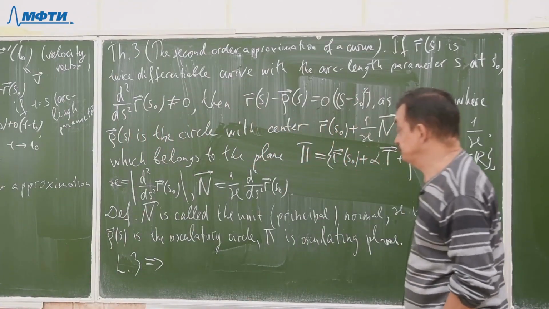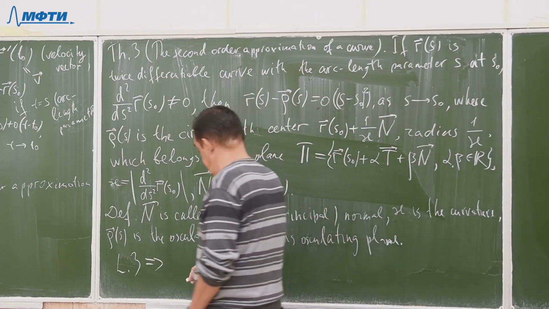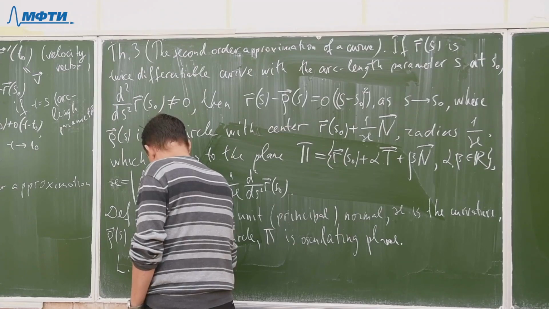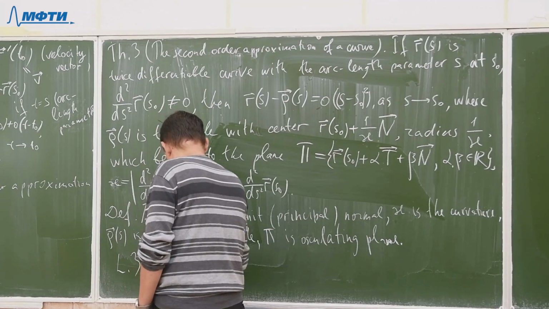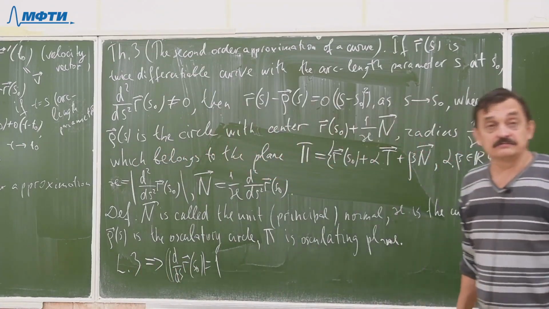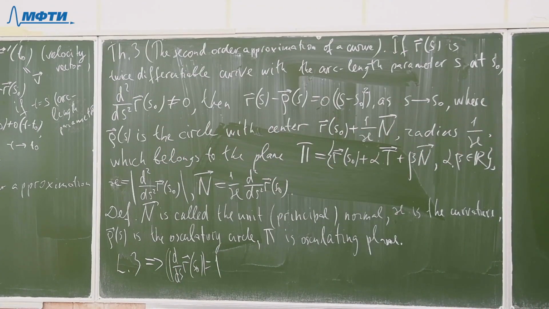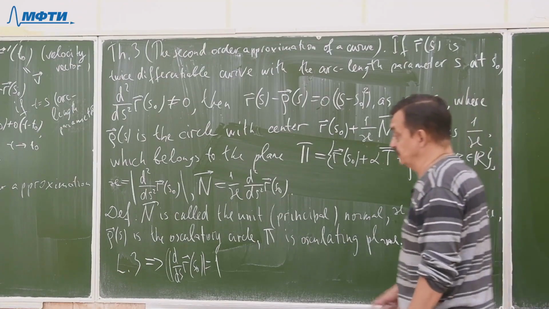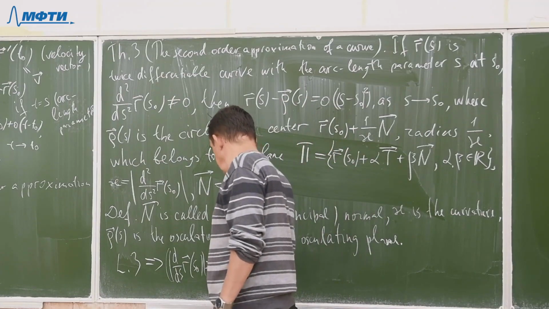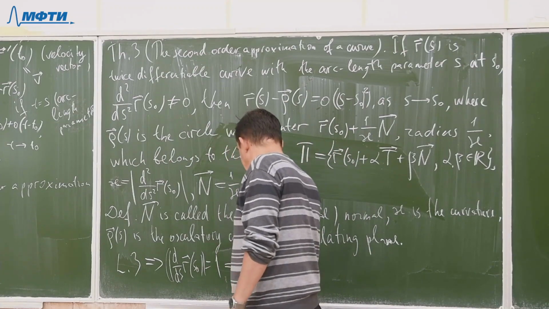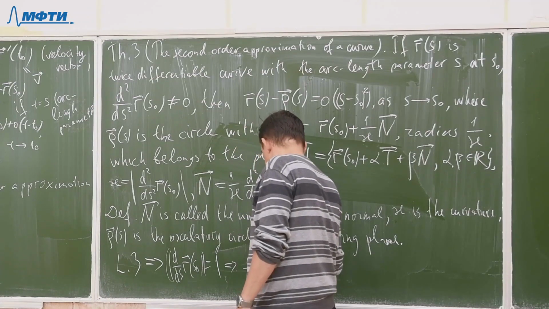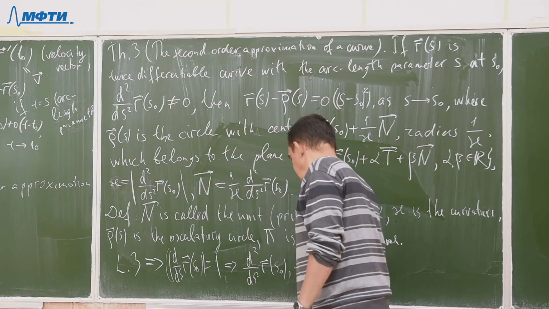So lemma 3 says that if, because derivative has the length 1, right? If we are talking about arc length, then derivative has a length 1. And so second derivative is orthogonal to this vector.